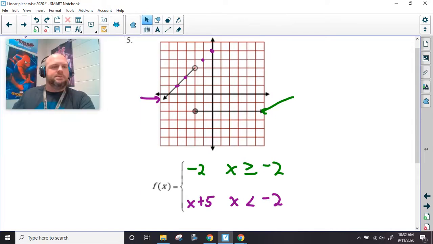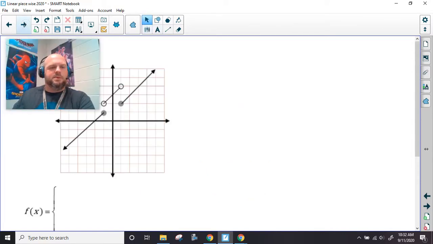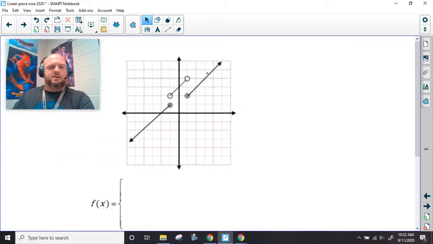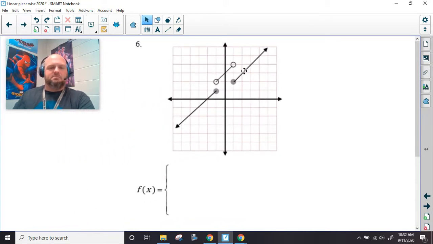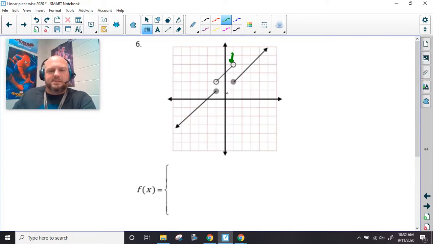All right. This one has 3. I'm going to do the one in the middle right here first because it looks like the easiest. Okay, this has a 1, 2, 3. It looks like it goes up 1 over 1. So this is going to be x.